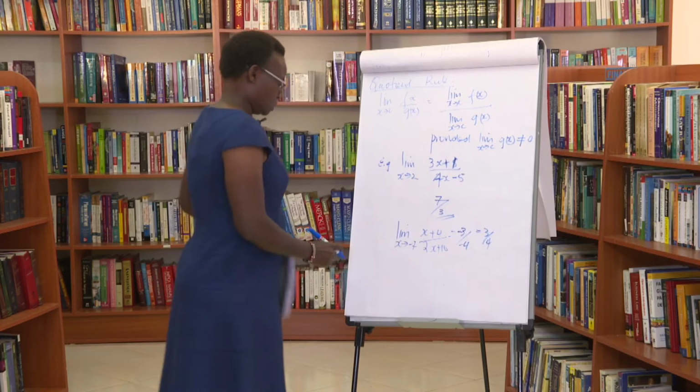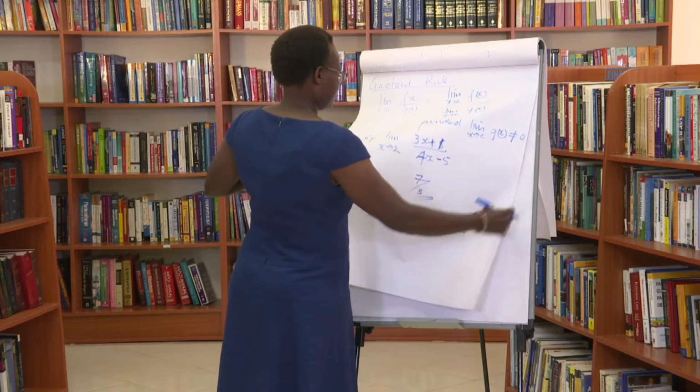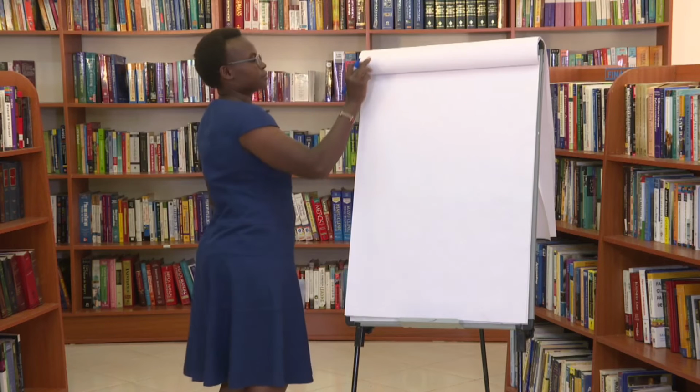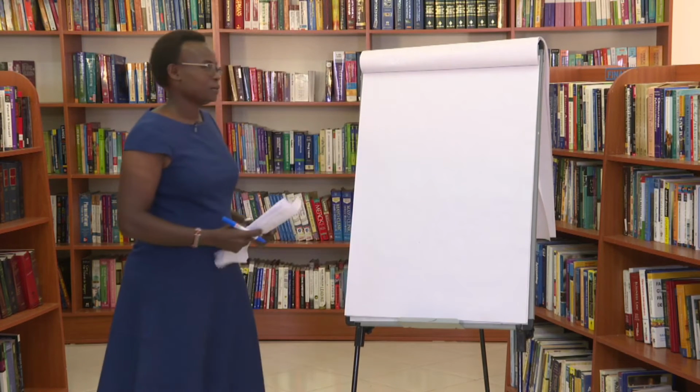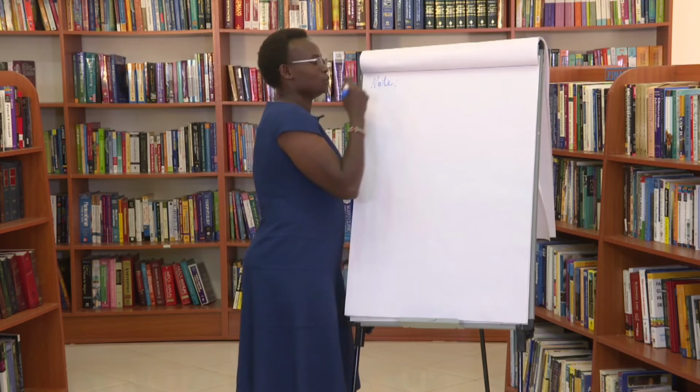There is a note, so we can note something. So we go back to that rider where the denominator limit should not be equal to 0.